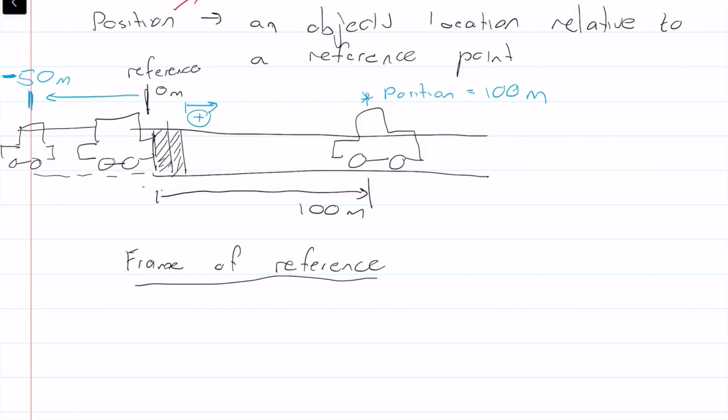So we can say that's up and down. Alternatively, we can say that's north or south. The same way we can say this is left and this is right. Or we can say that this is east or west.